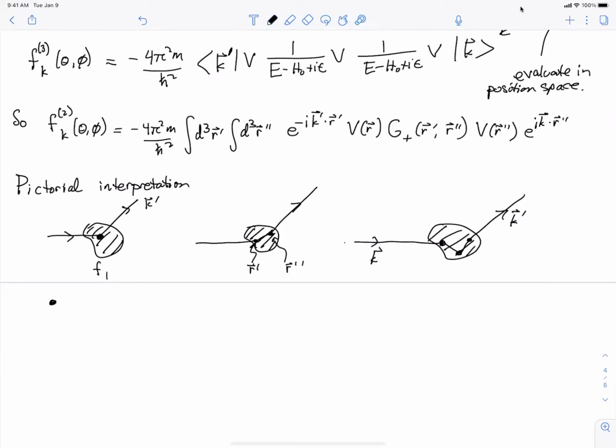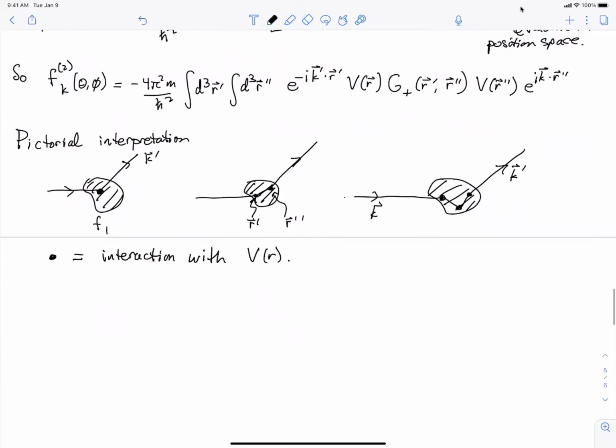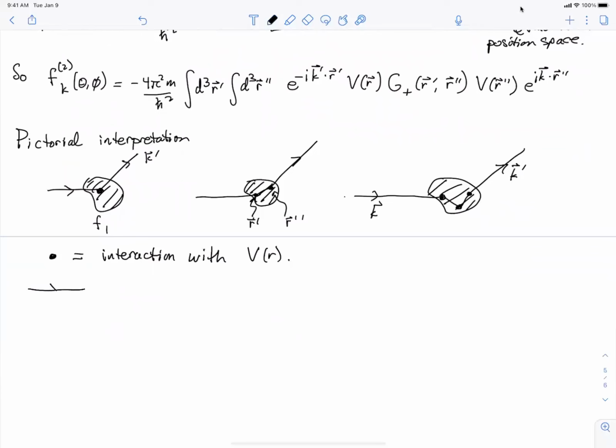Each dot that I've drawn in here is an interaction with the potential. Okay, and in between, I draw lines with arrows. This corresponds to the propagation of the particle as if it were free, because it's not interacting with the potential.